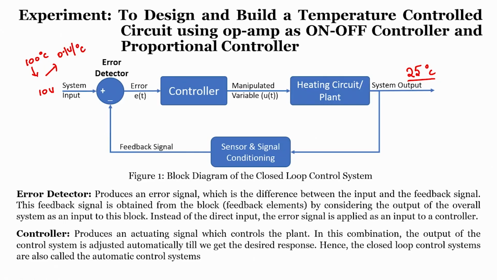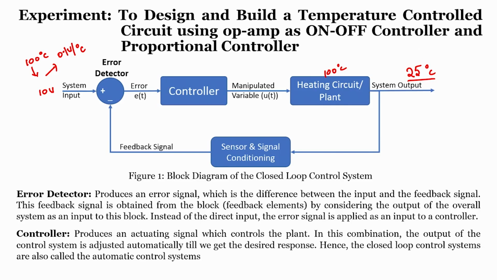So, since 1 degree corresponds to 0.1 volt, if it is 100 degrees, it will be 0.1 into 100, which is around 10 volts. If I apply input as 10 volts, that means I am saying this particular plant should be at 100 degrees. Now, it will always start at 25 degrees, since it is a heating plant, right. It will always be in degrees centigrade, right.